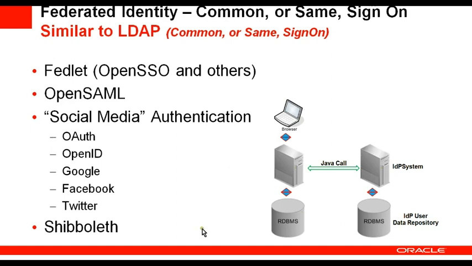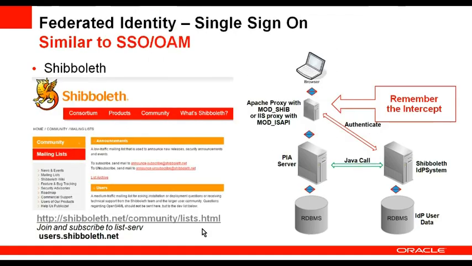Shibboleth, which is a federation feature that a lot of the colleges have taken up, operates pretty much in the same way. I'll talk a little bit more about that in a minute. So Shibboleth is open source support for federation.